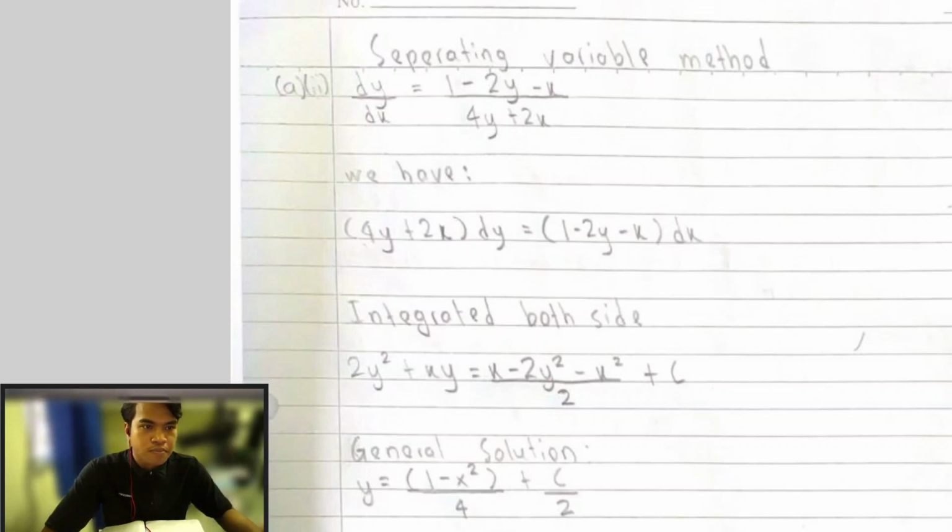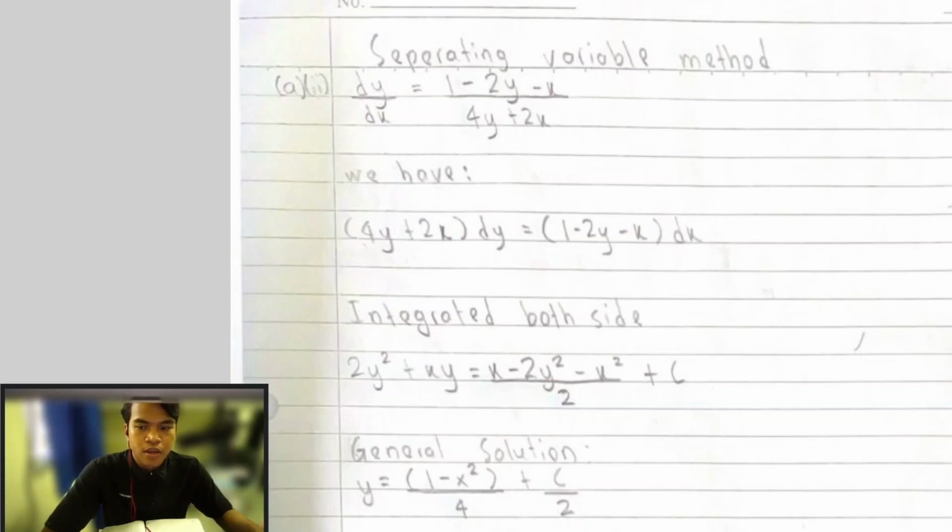Then we get in bracket 4y plus 2x dy equal in bracket 1 minus 2y minus x dx, and then we integrate both sides with respect to their respective variables.